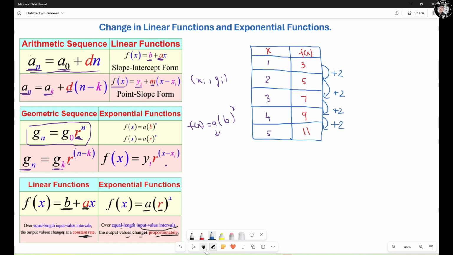Because over equal length input value intervals the output values change at a constant rate, and you see that the constant rate is 2, this is a linear function. You need to explain it like this.